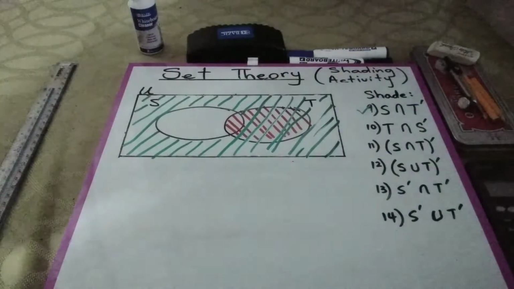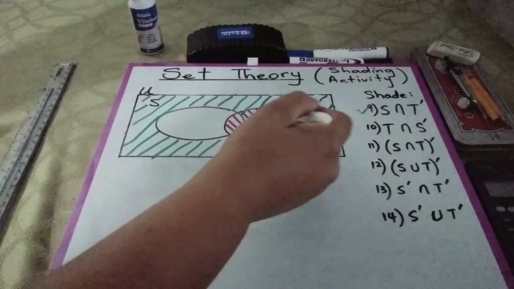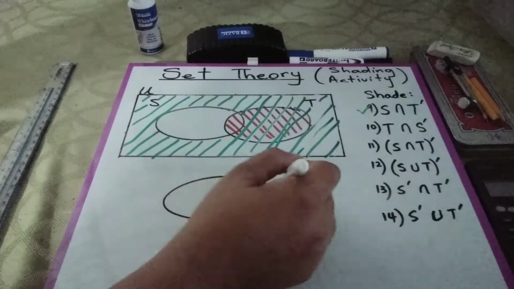And where we see the section where there are two colors crisscross or intersect, that's the answer.